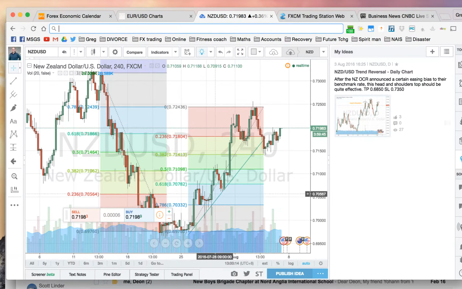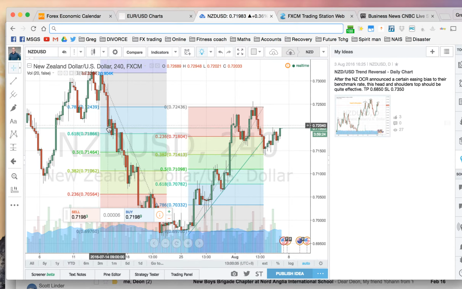But I've drawn a trend line in here. I've drawn the Fibonacci retracement levels using the tools for both this move and this move. So you can see levels more easily on here of support and resistance.